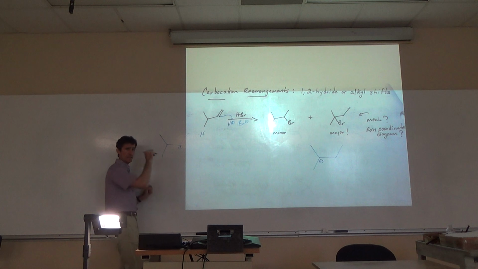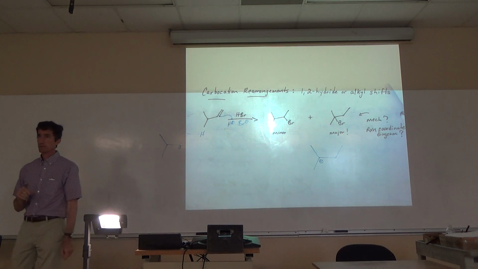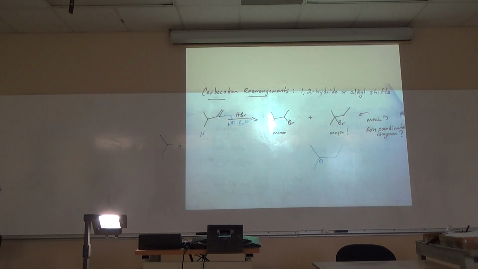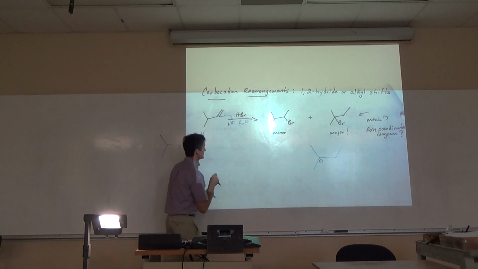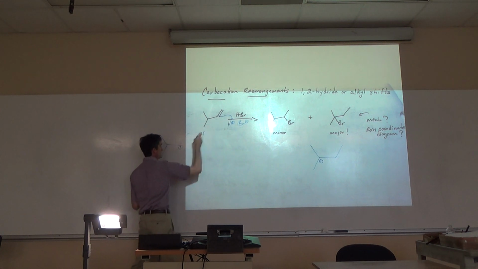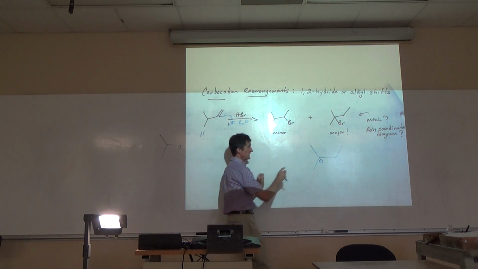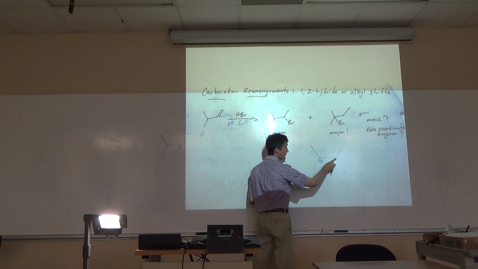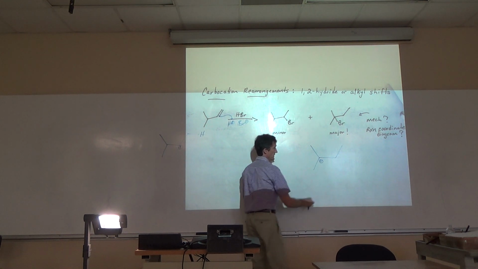All right, what does the mechanism arrow show? Movement of what? Electrons. It does not show movement of atoms. It does not show movement of charges. It shows movement of electrons. All right. How many H's on this carbon right here? 1 to begin. 1 still there. How many on the carbon now? 2. There's 2 H's there.